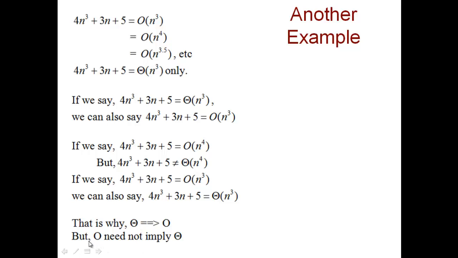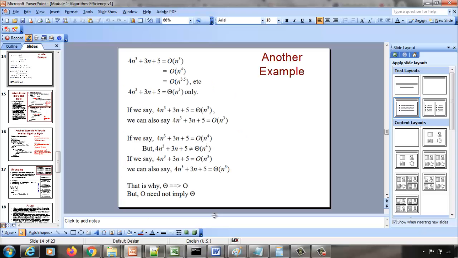So that's why I say big O need not imply theta. It depends on what it is. If this is what you write as big O notation, we can say it is also theta. If this is what you write as big O notation, because it is 4 and this is 3 on the left hand side, we cannot say that is equal to theta. Okay. So this is what you need to know about the two asymptotic notations.